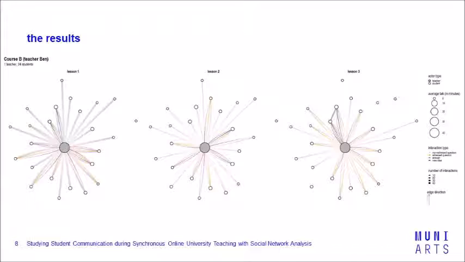So we're looking at course B. Compared to course A, we can see pretty much the same star-shaped teacher-centered interaction pattern.